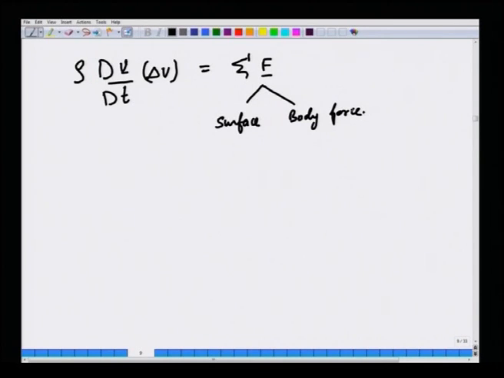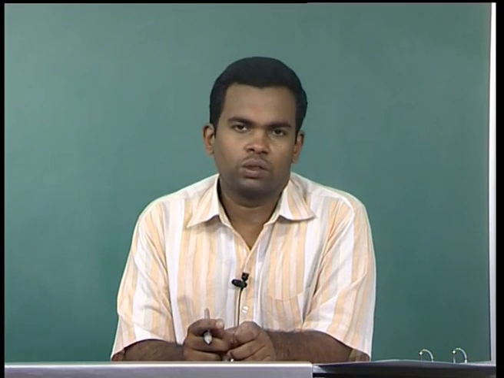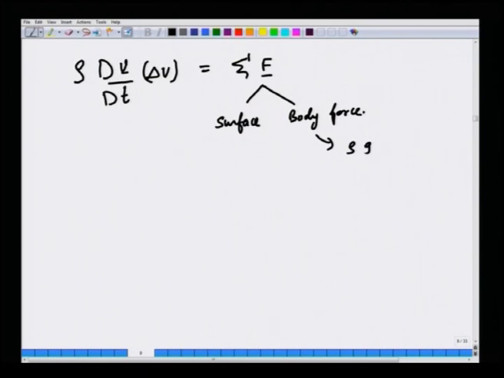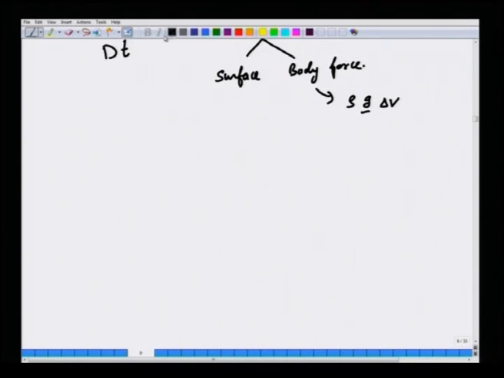The surface forces were written in terms of the stress tensor, and the body force in our case is generally due to gravity, which is simply written as rho g delta V. Then, by doing a differential balance about a cubic volume element, we came up with the following three relations for the x, y and z momentum.